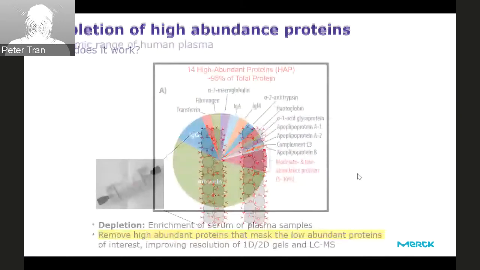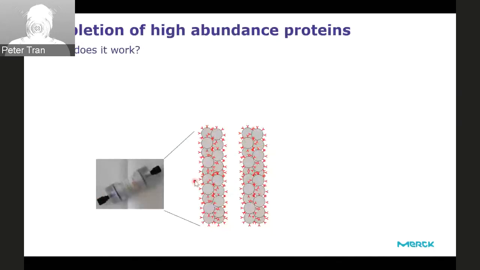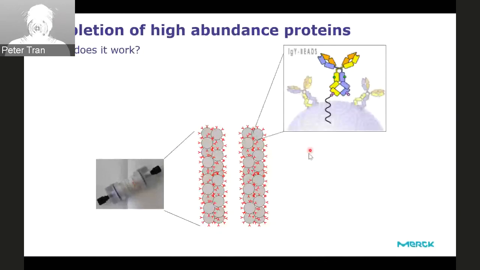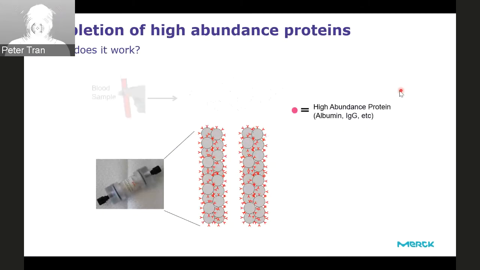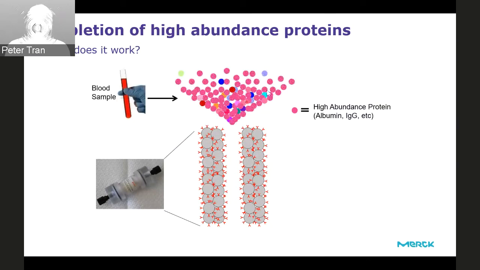Okay, so how can we do the depletion? Basically, you normally use an affinity column with a resin with the ligand. It can be anti-albumin, anti-IgG, or anti the most 10 or 14 highly abundant proteins in serum. So with the blood sample here, you have a mixture of proteins, right?